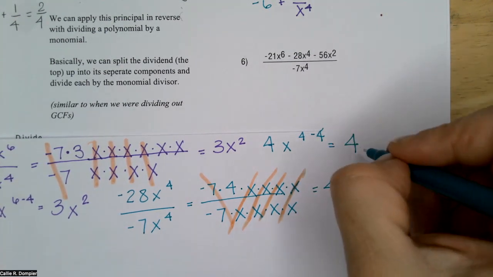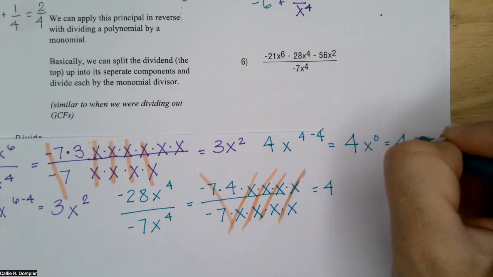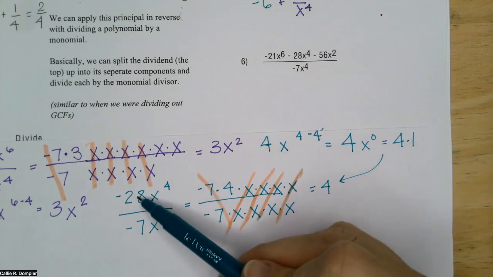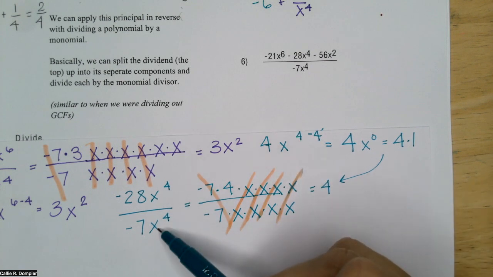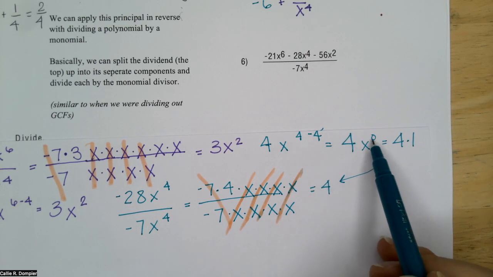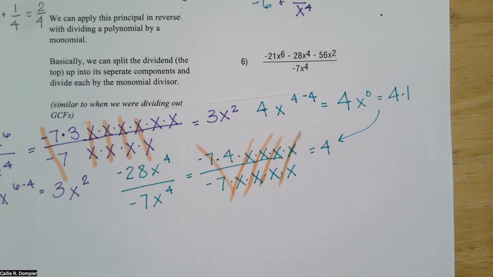X to the power of 4 minus 4 is just x to the power of 0. What is x to the power of 0? It's 1. 4 times 1 is 4. So if you just want to use your calculator, negative 28 divided by negative 7 gives me 4. X to the 4th divided by x to the 4th leaves me with x to the power of 4 minus 4. 4 minus 4 is 0. X to the power of 0 is 1. 4 times 1 is 4.